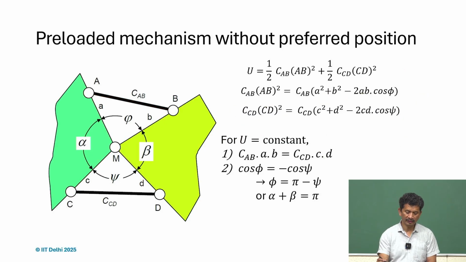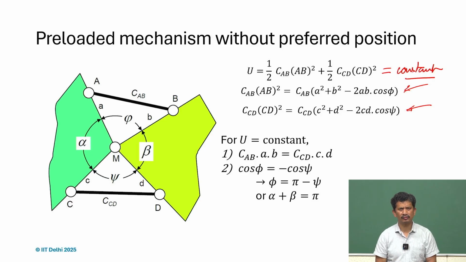And once we have this, what ultimately we want is for the total potential energy to be constant. So the variable terms should be independent of phi and psi. How do we get that?